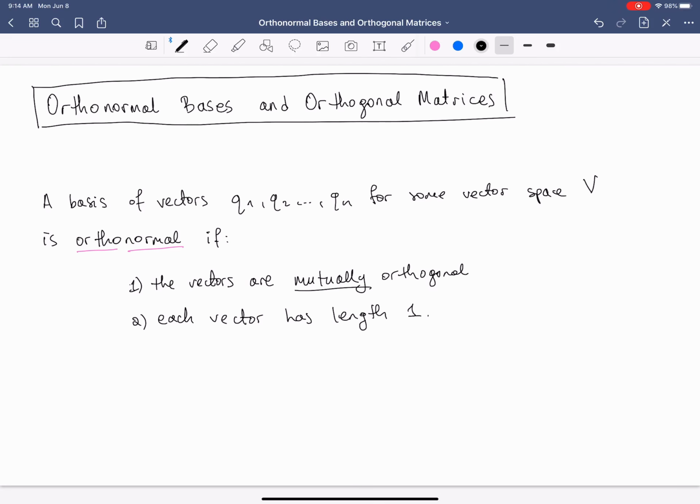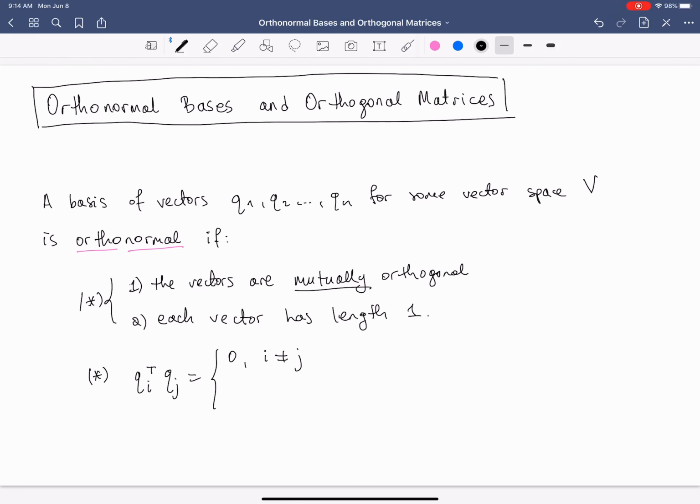Now, both of these conditions can be written with exactly one equation, which says that Qi transpose Qj is 0 if i is different from j.